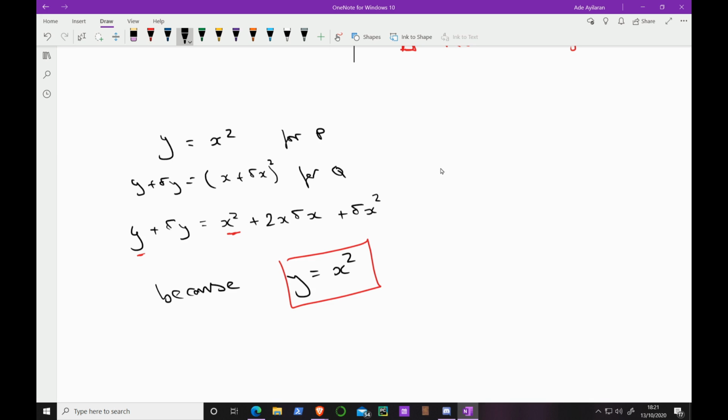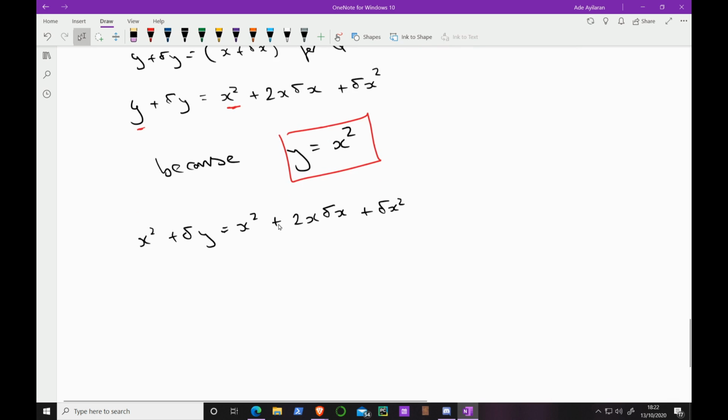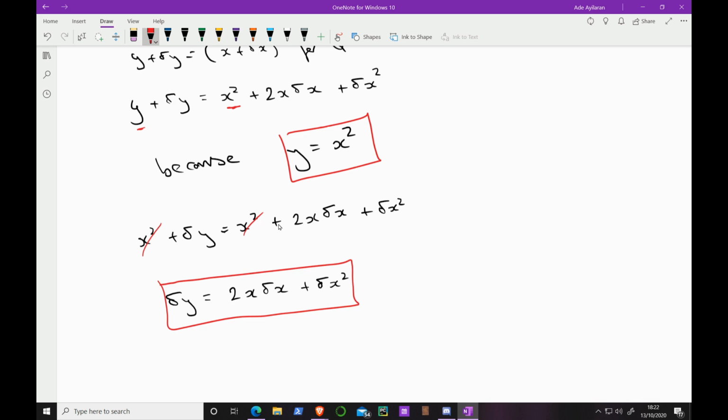So let me put, because Y equals X squared, X squared plus delta y equals X squared plus 2X delta X plus delta X squared. I can take X squared away from both sides so that delta Y equals 2X delta X plus delta X squared. Okay, so that's our expression for delta y.